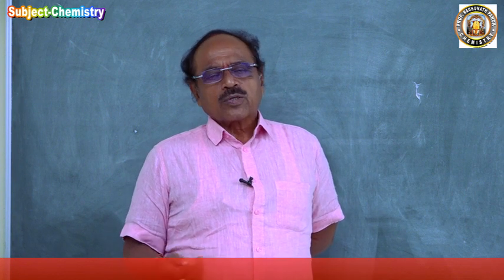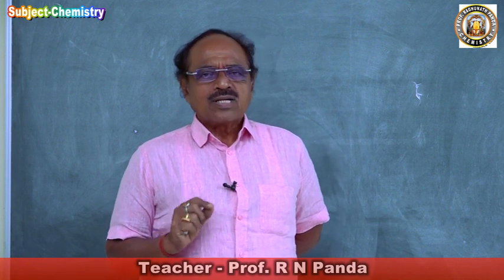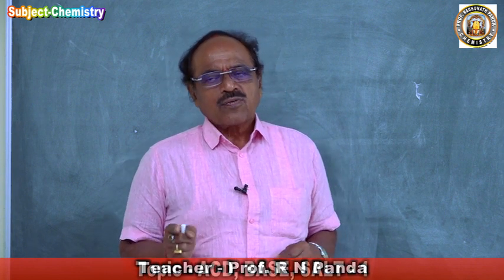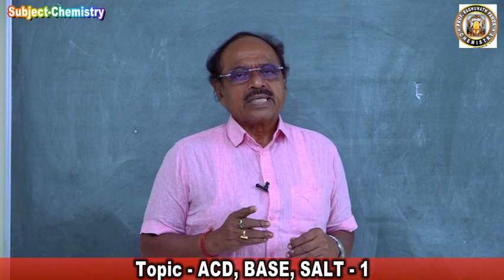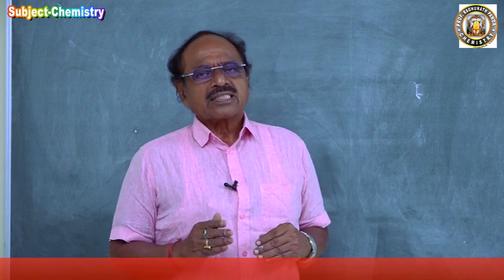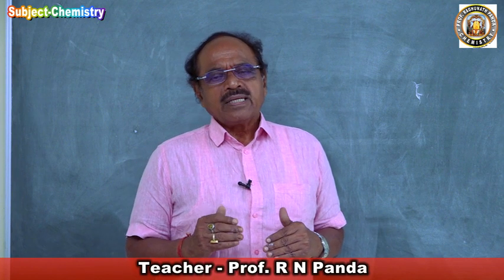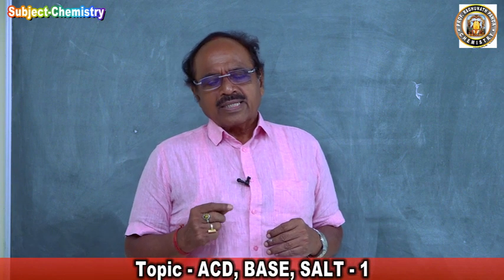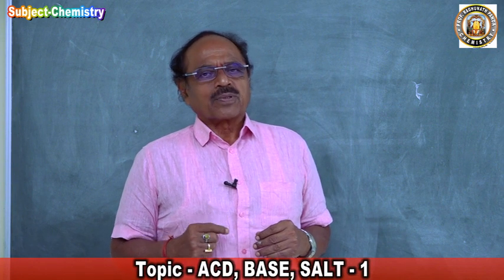Now if you go to group 7, fluorine does not form oxyanions because fluorine is more electronegative than oxygen. So oxyanions are formed by chlorine, bromine and iodine: perchlorate, chlorate, chlorite, hypochlorite.